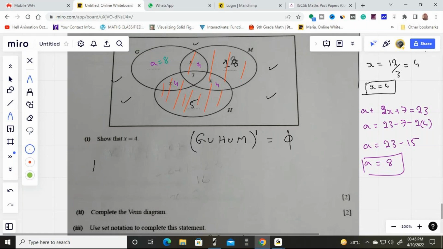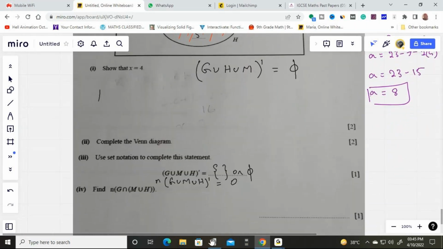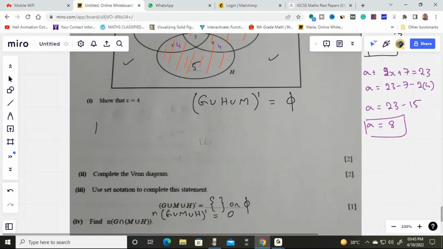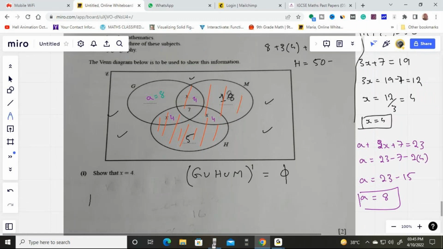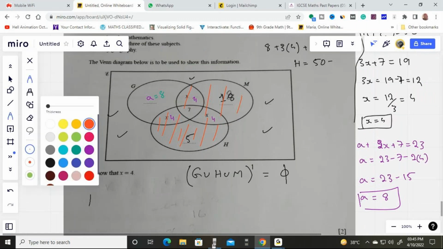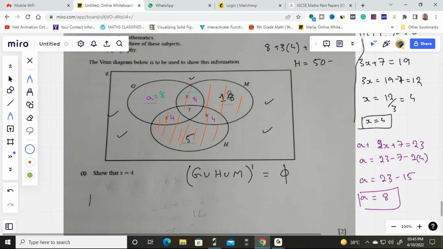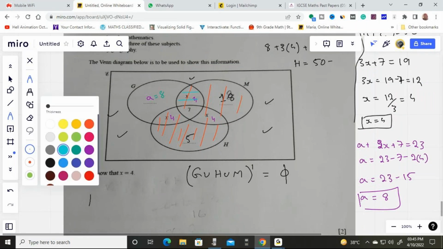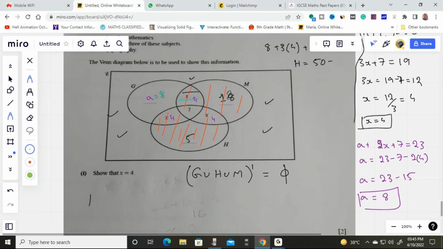Now, if I want to find out the common region of this shaded section, which region of this shaded section is common in G? Let me use a different color this time. This one. This region is common in G. So how many values is it containing?